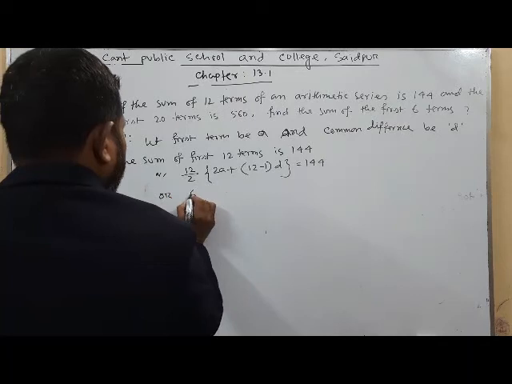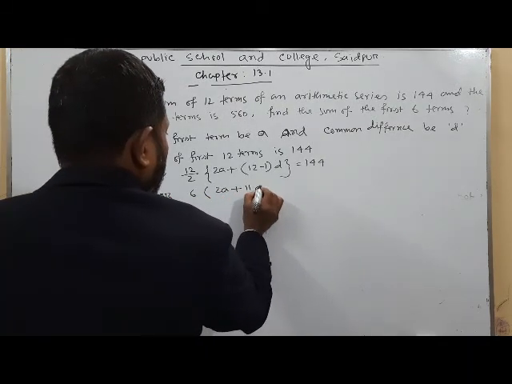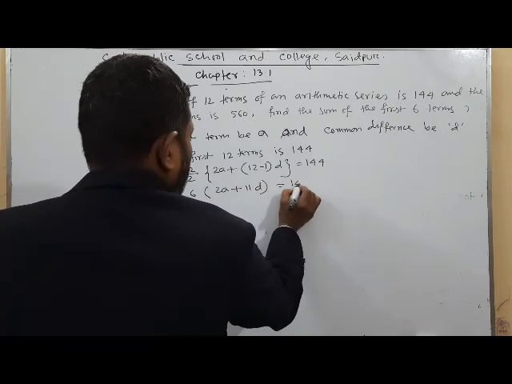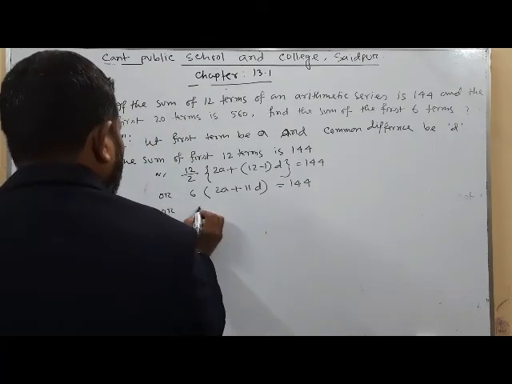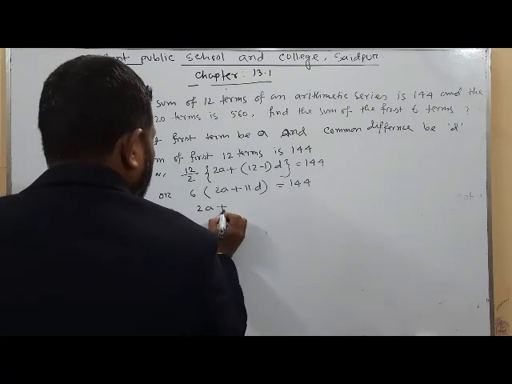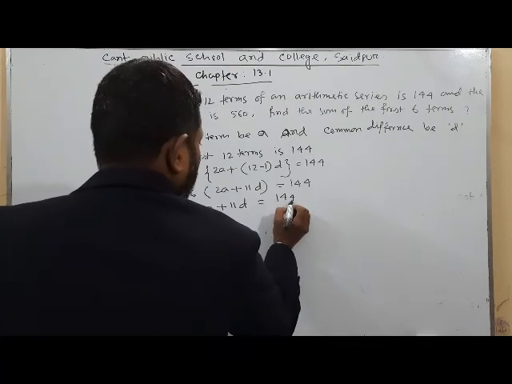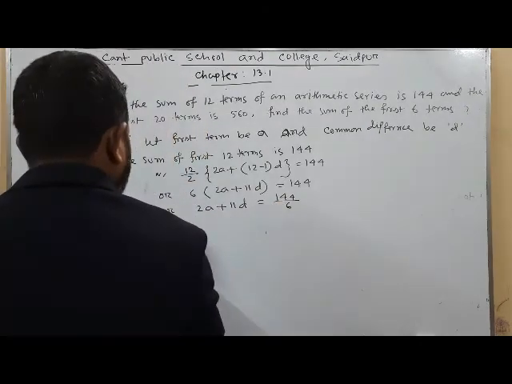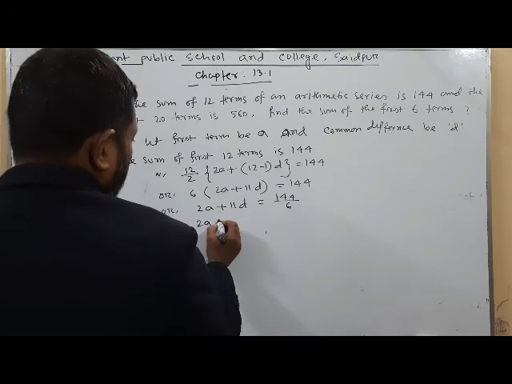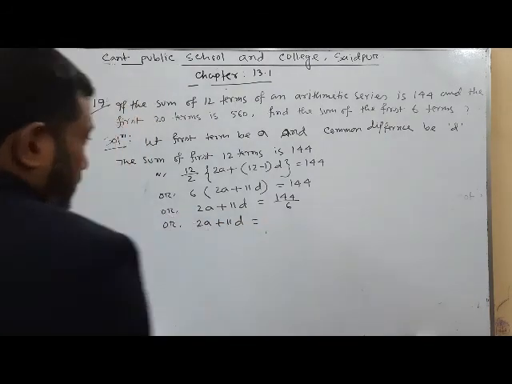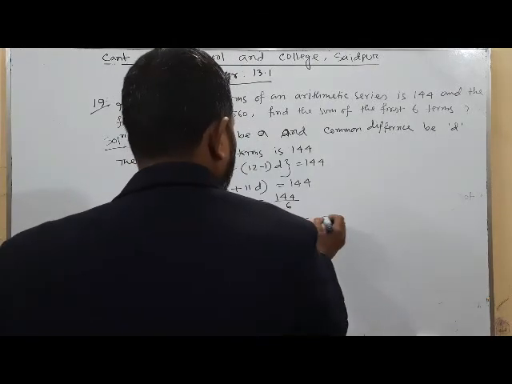Therefore 6 times (2A plus 11D) is equal to 144, or 2A plus 11D is equal to 144 by 6, so 2A plus 11D will be 24.